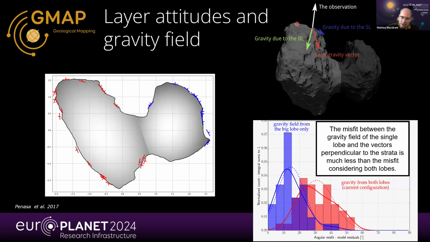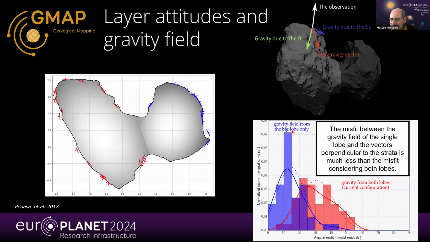And if you see on this diagram, you see the misfit between the two angles for the total gravity vector and for the vector of a single lobe. And you see that actually we have a smaller misfit between the observation of the strata and the gravity vector if we consider the single lobe.